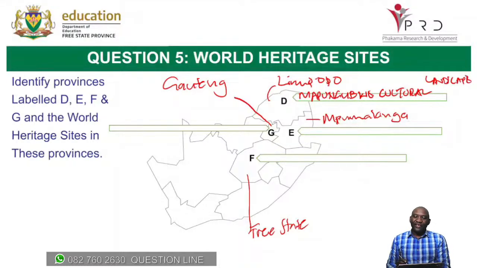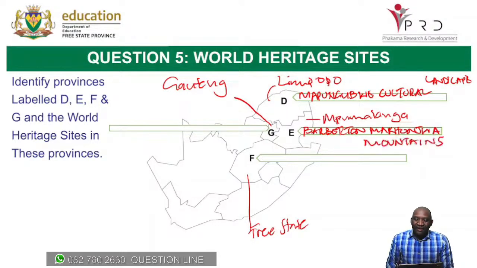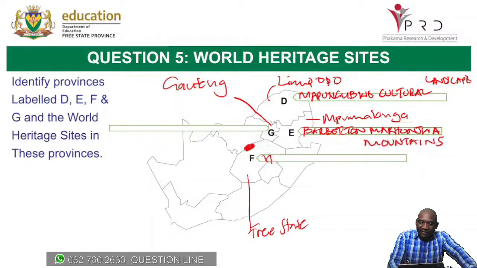And then if we look at province E, it's Barberton Makhonjwa Mountains. Right, province F, the attraction is actually somewhere here between the province of Free State as well as Northwest, and this is the Vredefort Dome.